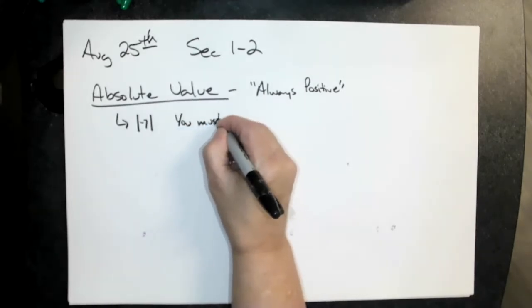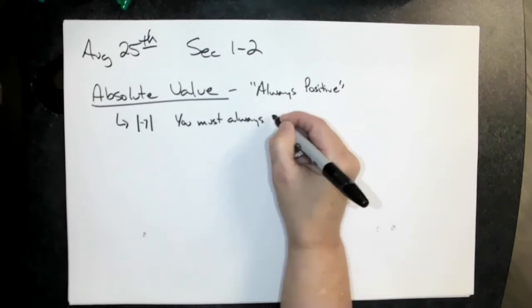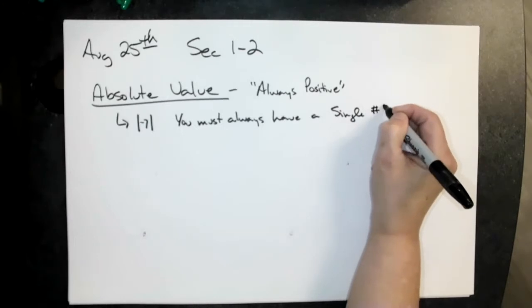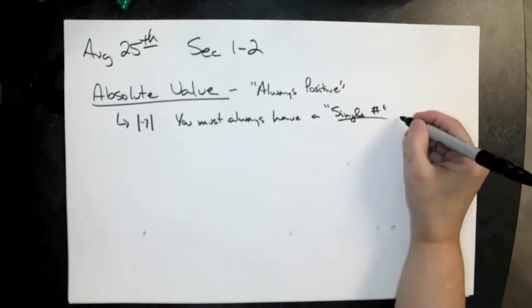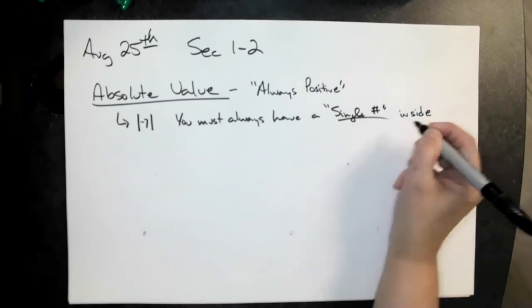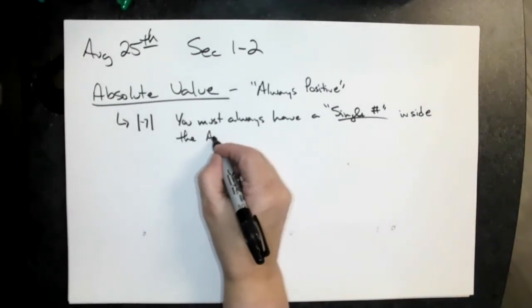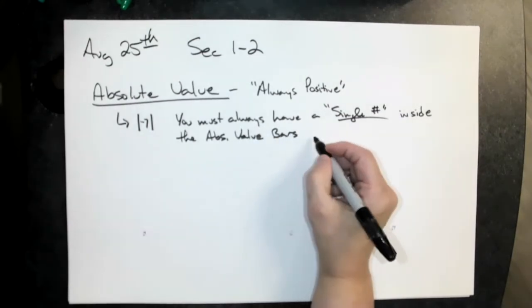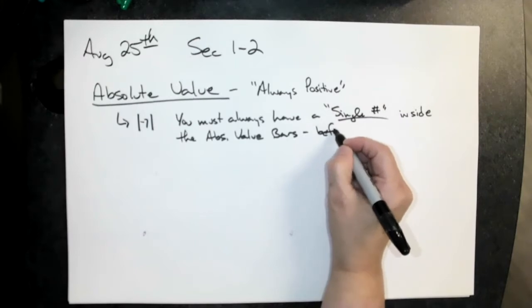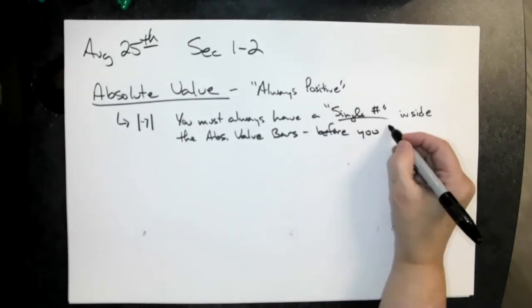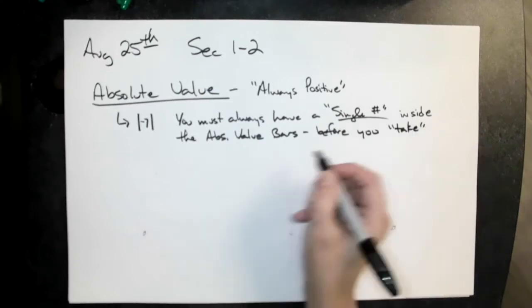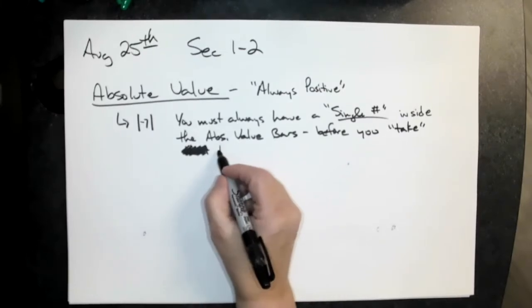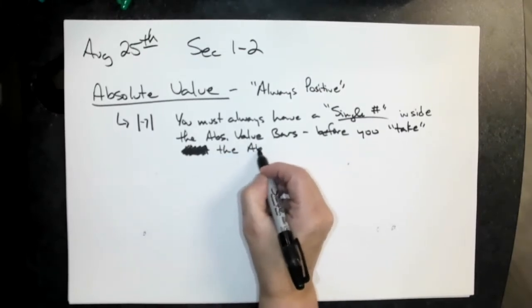You must always have a single number inside the absolute value bars before you take the absolute value.